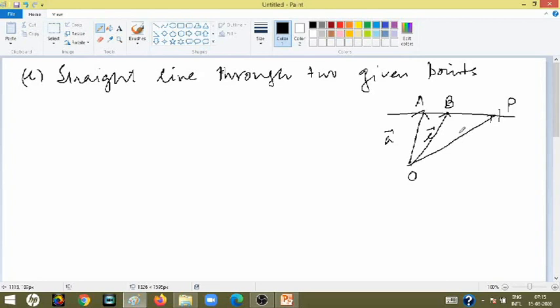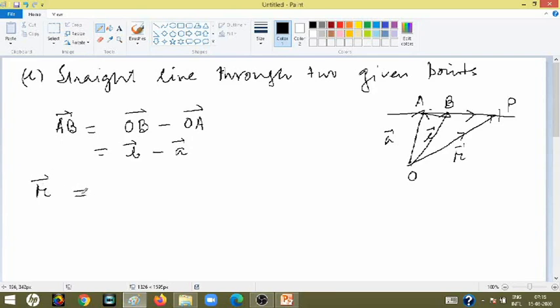Now we want to write this R. Now what is AB? This vector AB equals OB minus OA, equal to B minus A. Now what is R?